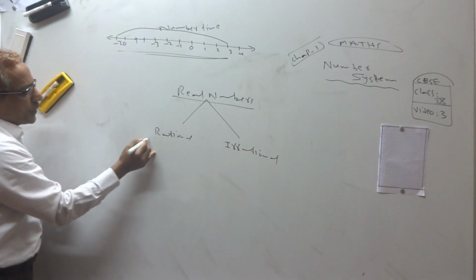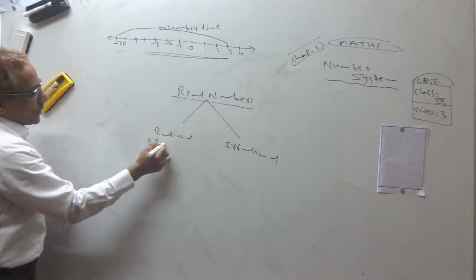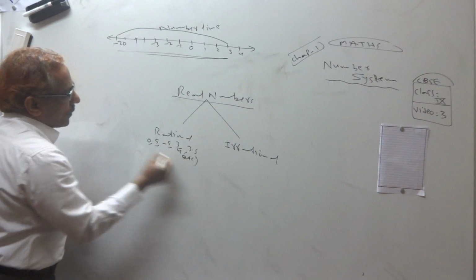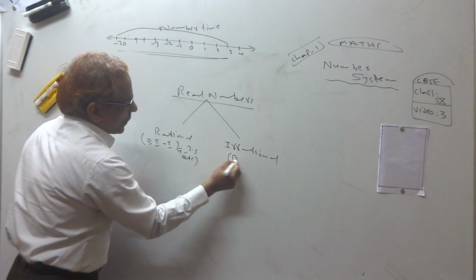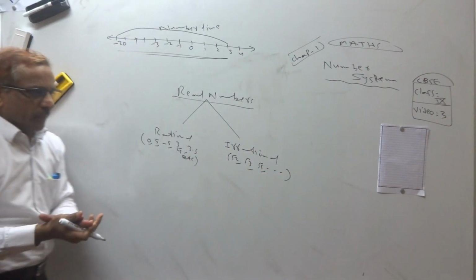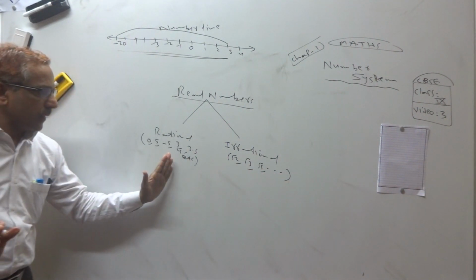Rational number means what? 0, plus, minus, fractions, decimals, all rational. What are irrational? All roots: root 2, root 3, root 5. This should be clear in your mind.